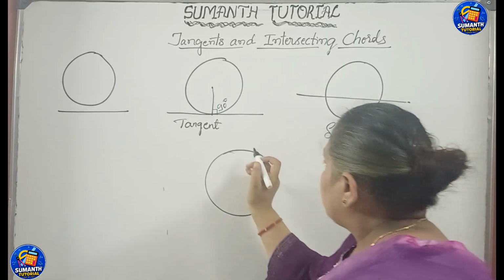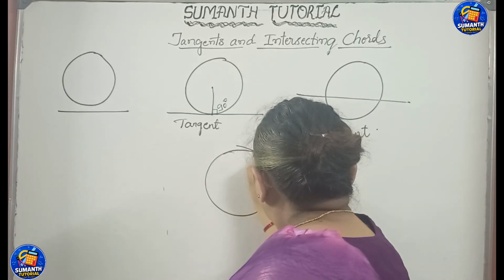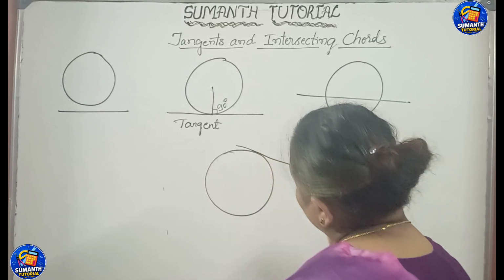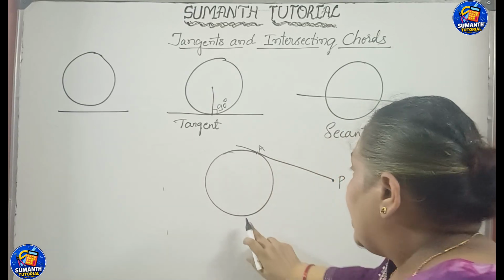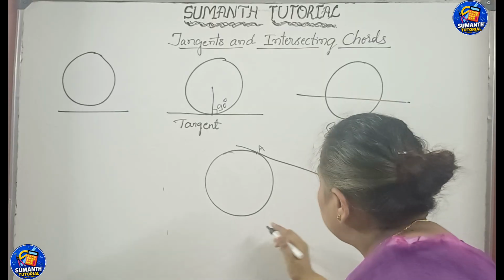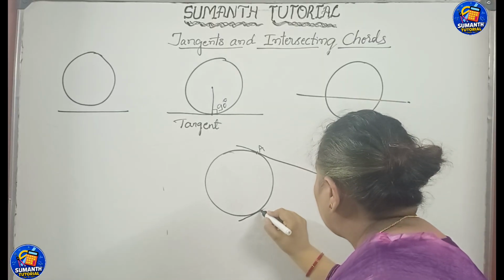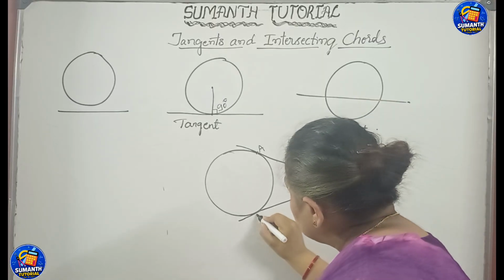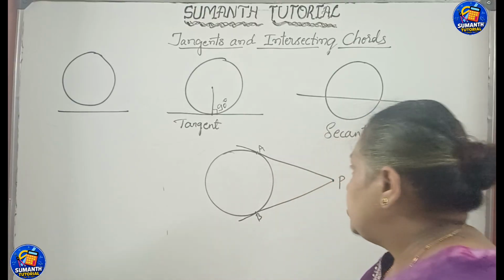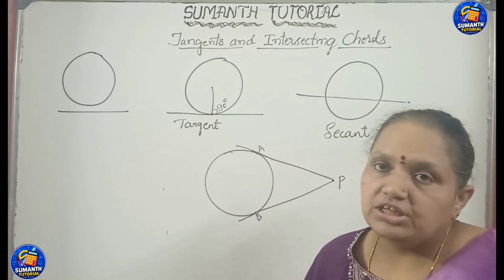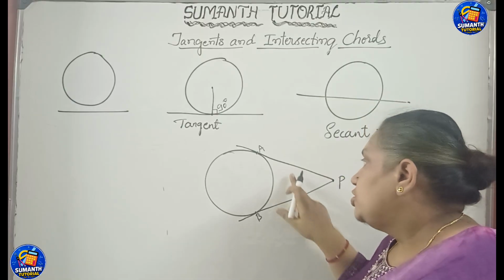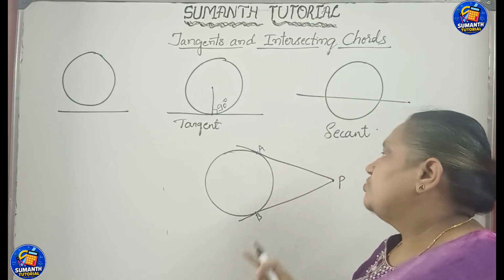Here one tangent, I'll mention this as A, and second, here also there is a space in which you can draw another tangent, that is B. So two tangents we can draw.